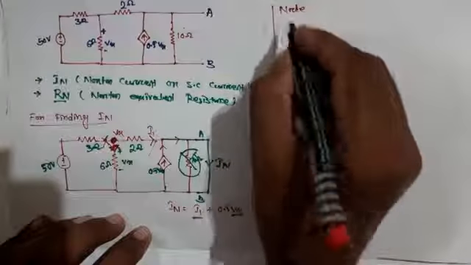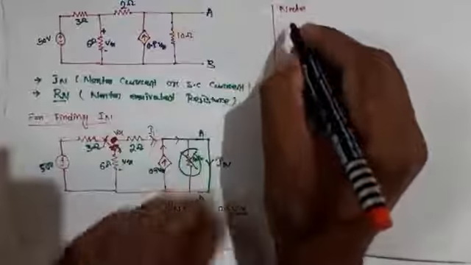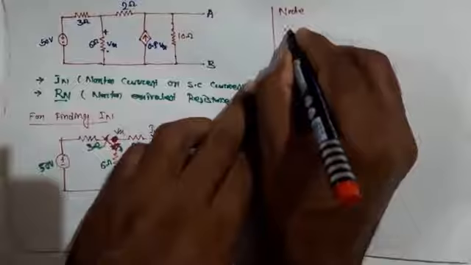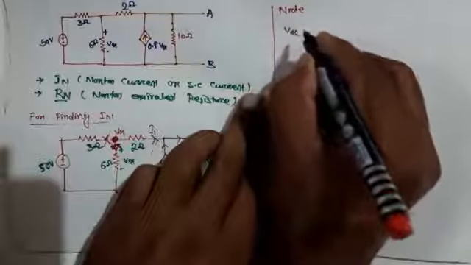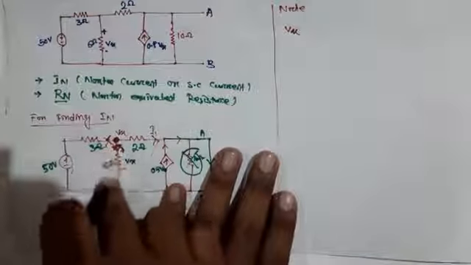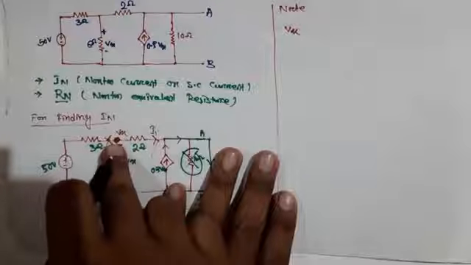This is for finding I1. The branch voltage is Vx, so we take node voltage Vx.